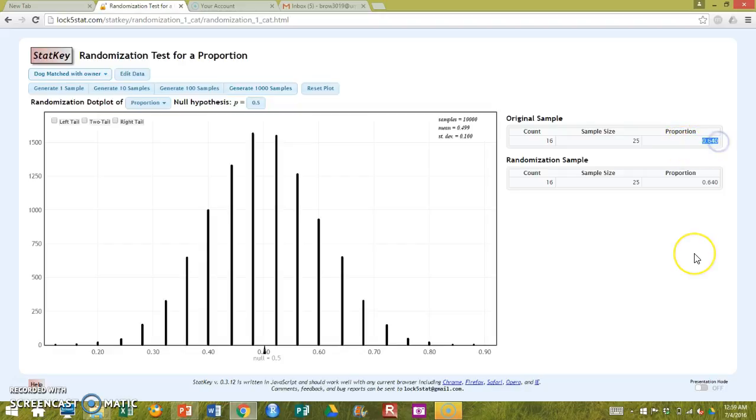So what result did we get? 0.64. Okay, great. If we got 0.64, how often did 0.64 or something more extreme than that happen? Let's find out how we can do this.